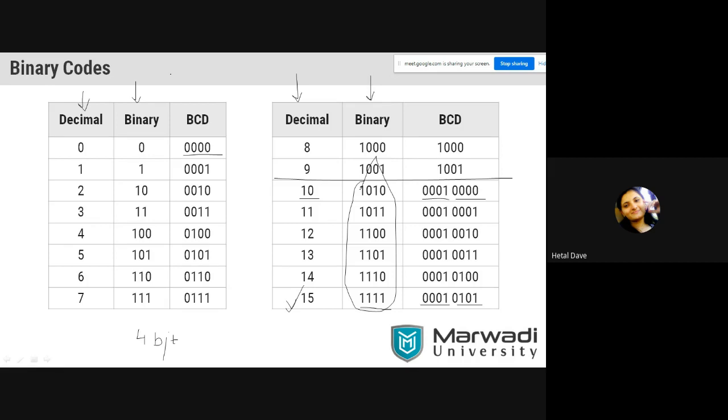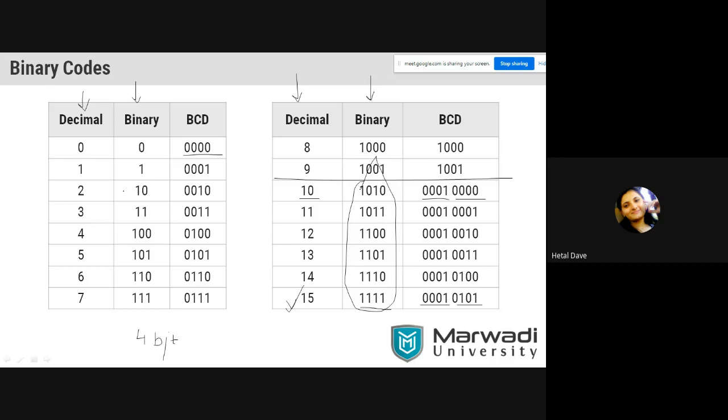If 3 bits, how many combinations can occur? 8: 000, 001, 010, 011, 100, 101, 110, 111. Total 8 combinations can occur. Here BCD is a 4-bit code, so how many combinations can actually occur? 16, 2 raised to 4 means 16.